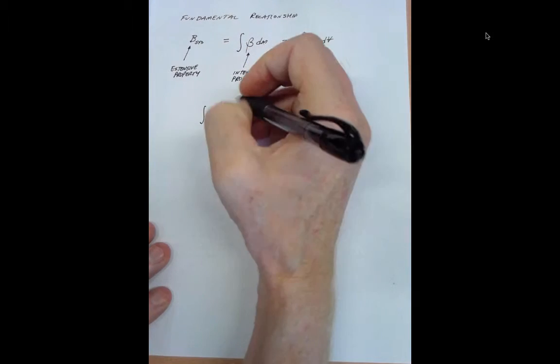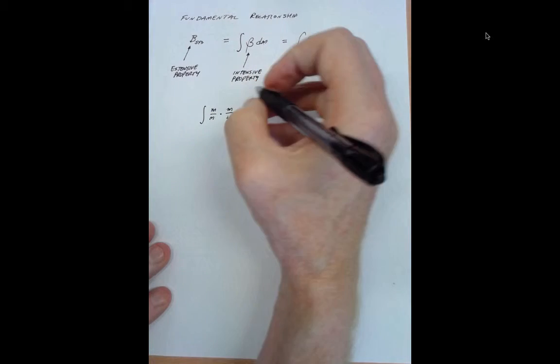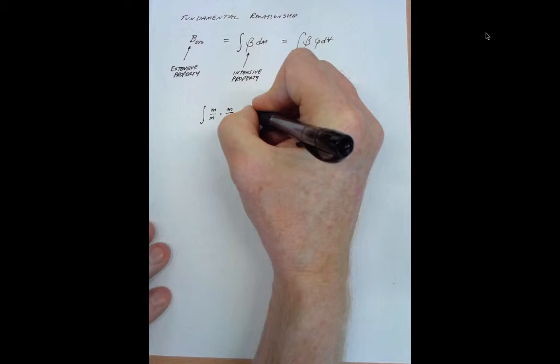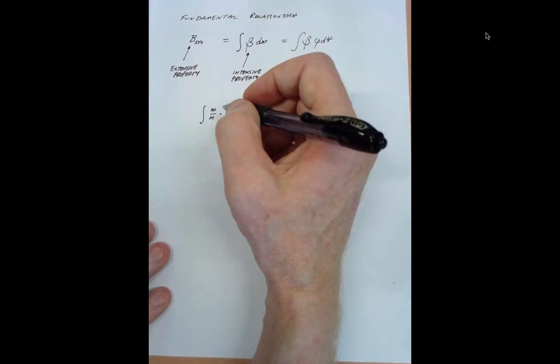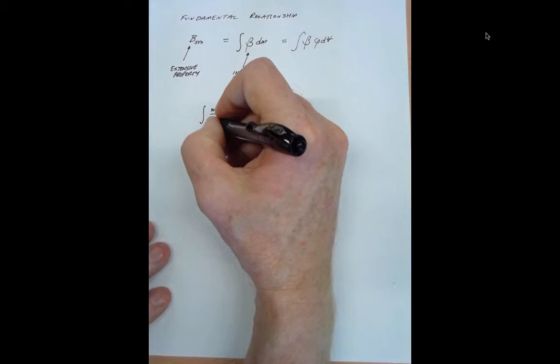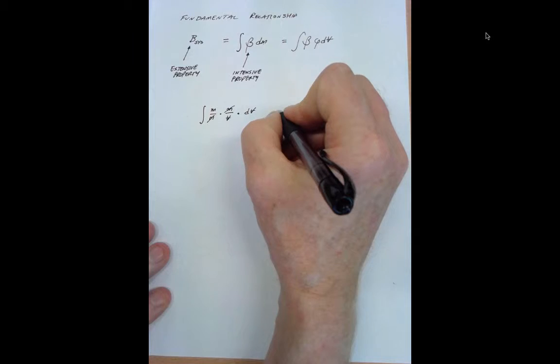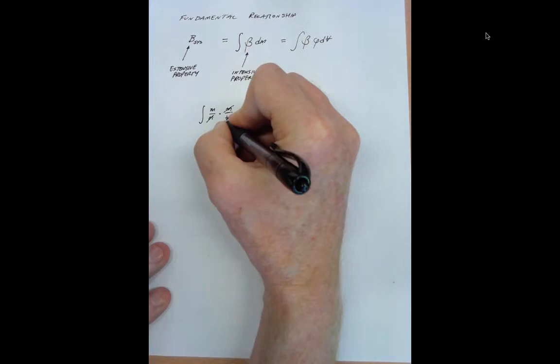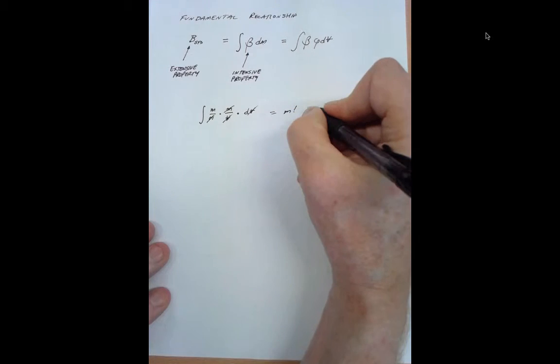We're going to multiply that by rho, which is mass per unit volume, and then we're going to integrate that with respect to volume. So let's see what we have left. We have mass per volume integrated by volume, which is going to equal, because the volumes essentially cancel, all we have left is mass, which is what we expected.